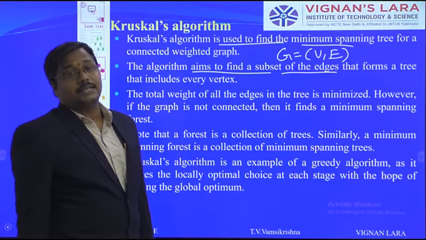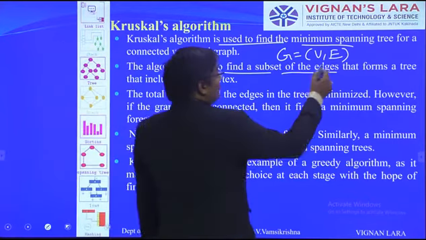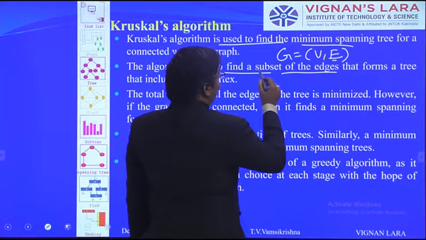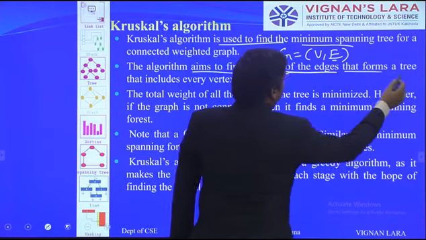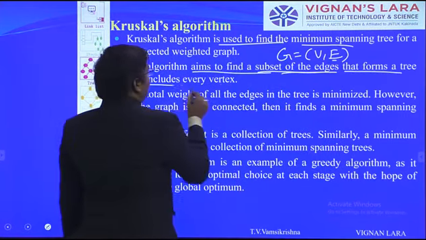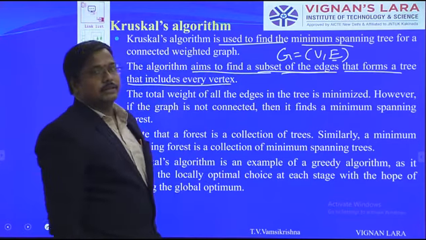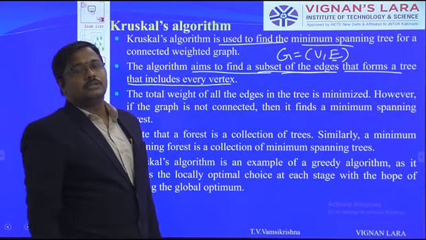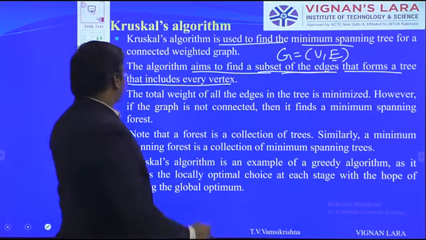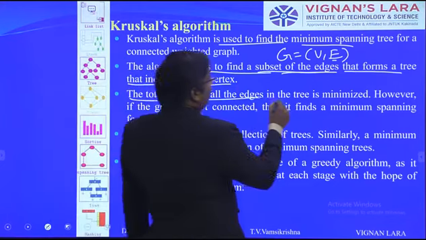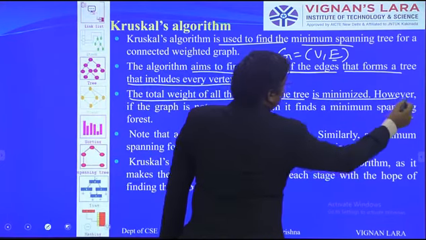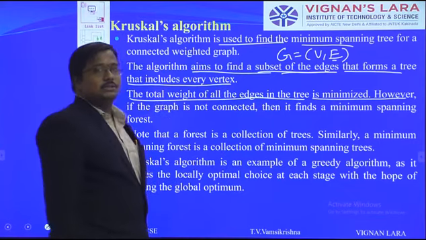So the 4 edges are a subset of this set. That's why it is a subset of the edges that forms a tree that includes every vertex.